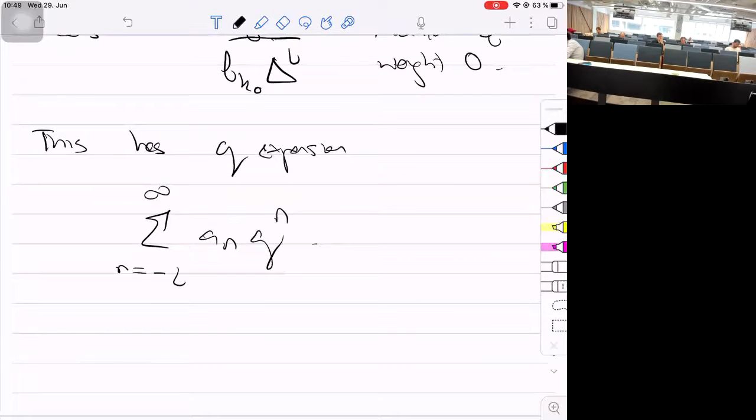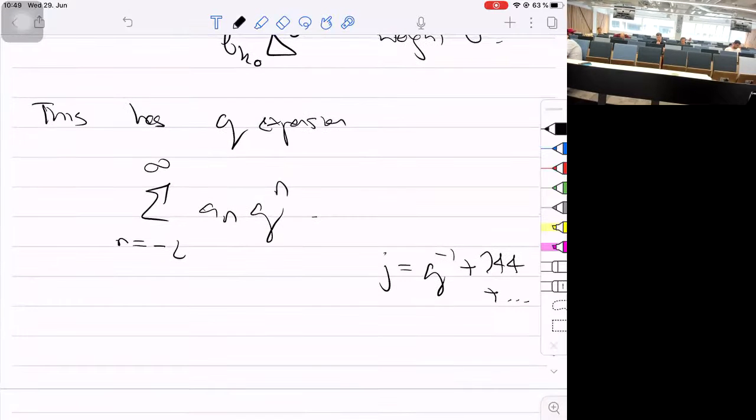But now if we recall the Q expansion of the J invariant that was written down sometime in the lecture yesterday, it starts with Q to the minus 1, plus 744 plus something else. So by looking at powers of J, the n-th power is going to start Q to the minus n plus higher order stuff.